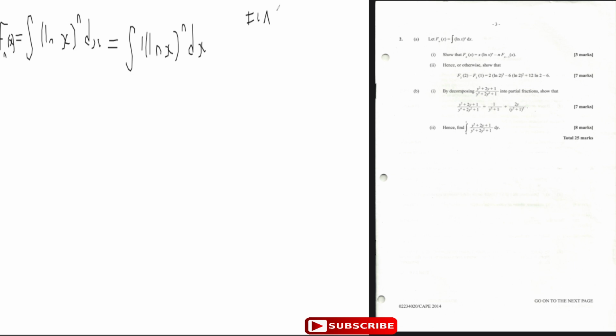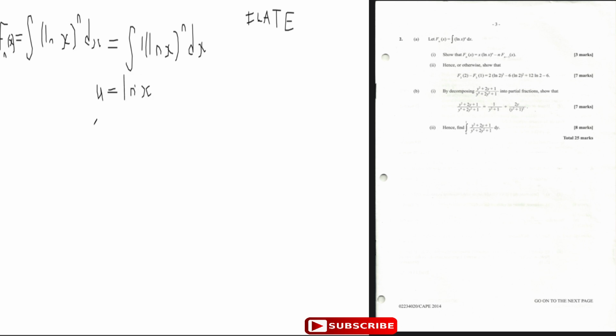So let me write down ILATE. What does the ILATE rule tell us? It tells us what to substitute for u: logs come before algebra. So we're going to substitute u as ln x to the n.